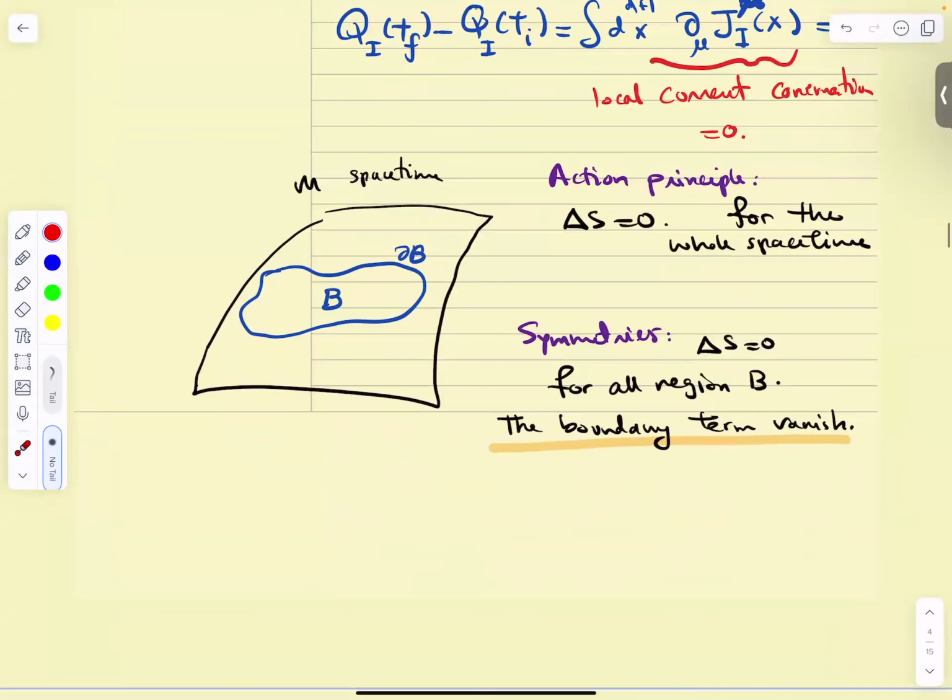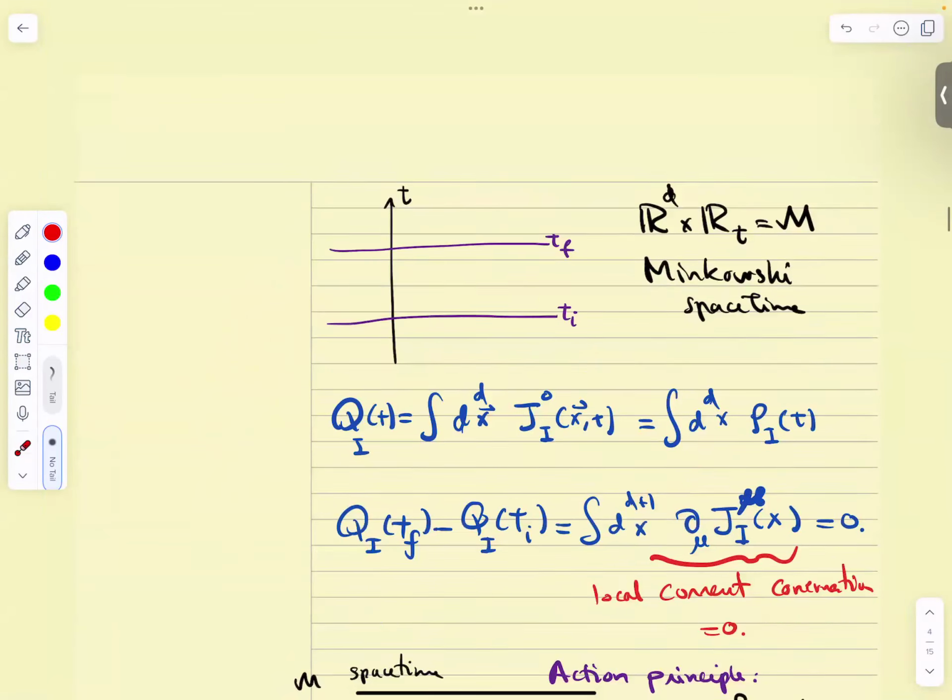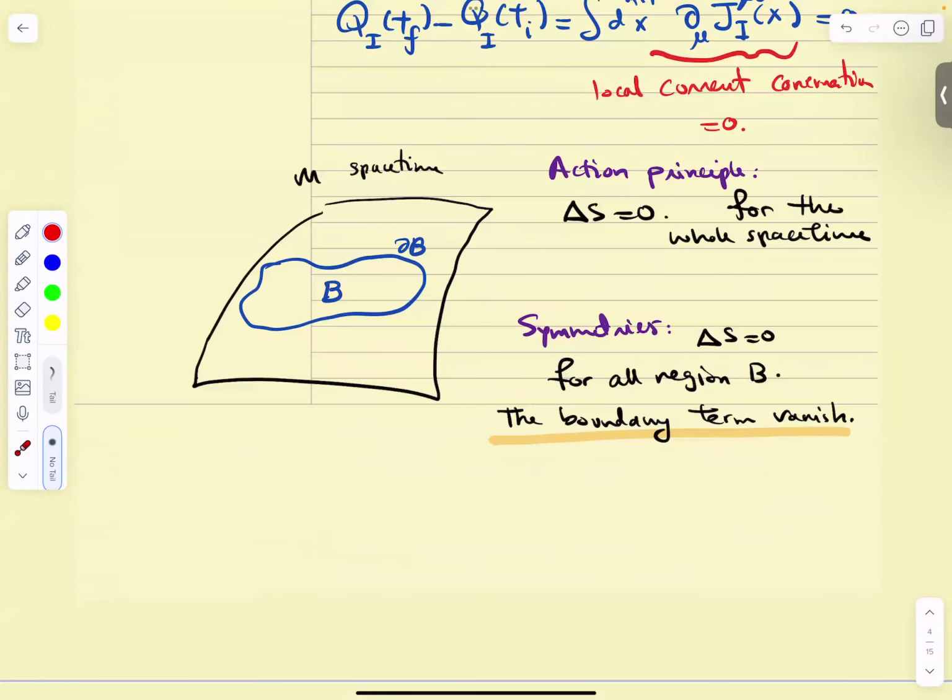By now you've seen two setups, two statements that have to do with the variation of the action being equal to 0. The first one gave us equations of motion; it came from the least action principle.